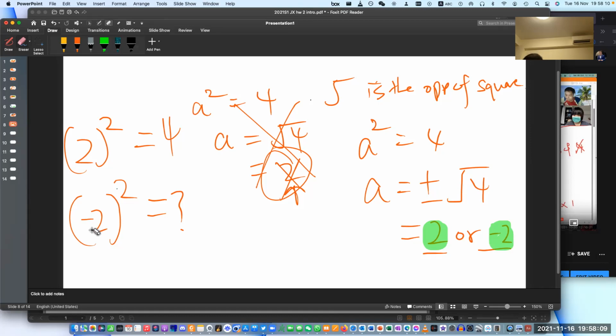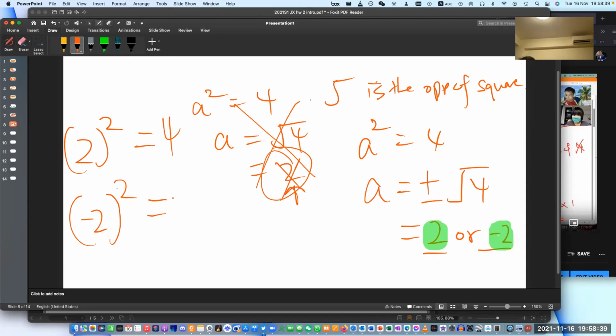Then inside the bracket, put -2, and then to the power of 2. So what answer do you get? You're not supposed to get a math error, by the way. Oh, it's 4, yeah.